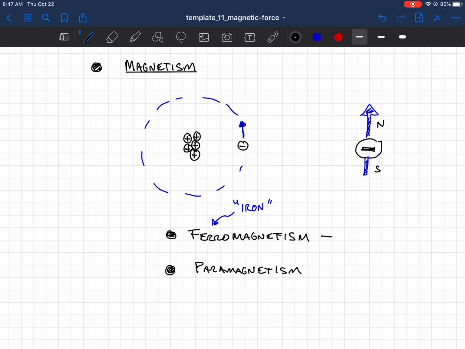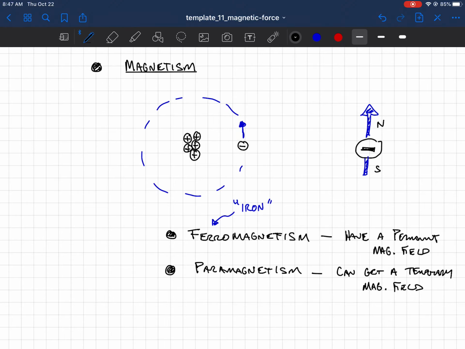So ferromagnetism will have a permanent magnetic field, whereas paramagnetism can get a temporary one, and both of those are when they're exposed to some external magnetic field.